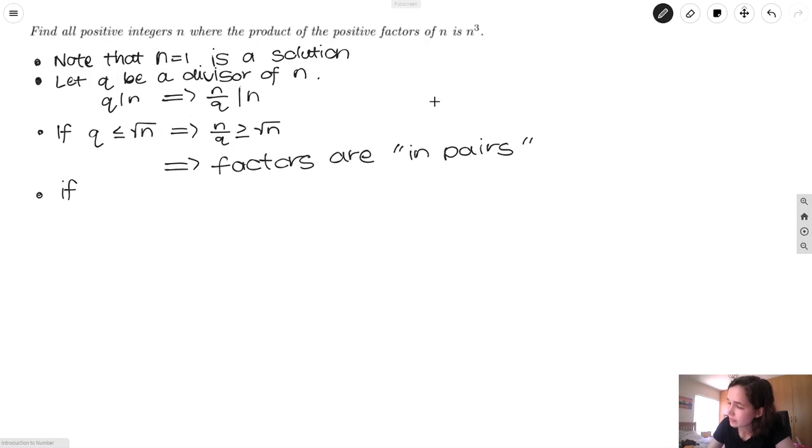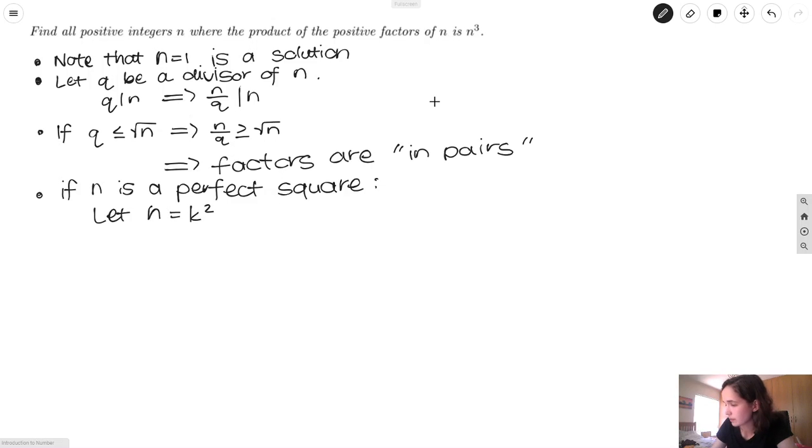If n is a perfect square, so let's make n equal k squared for some k, part of the natural numbers.